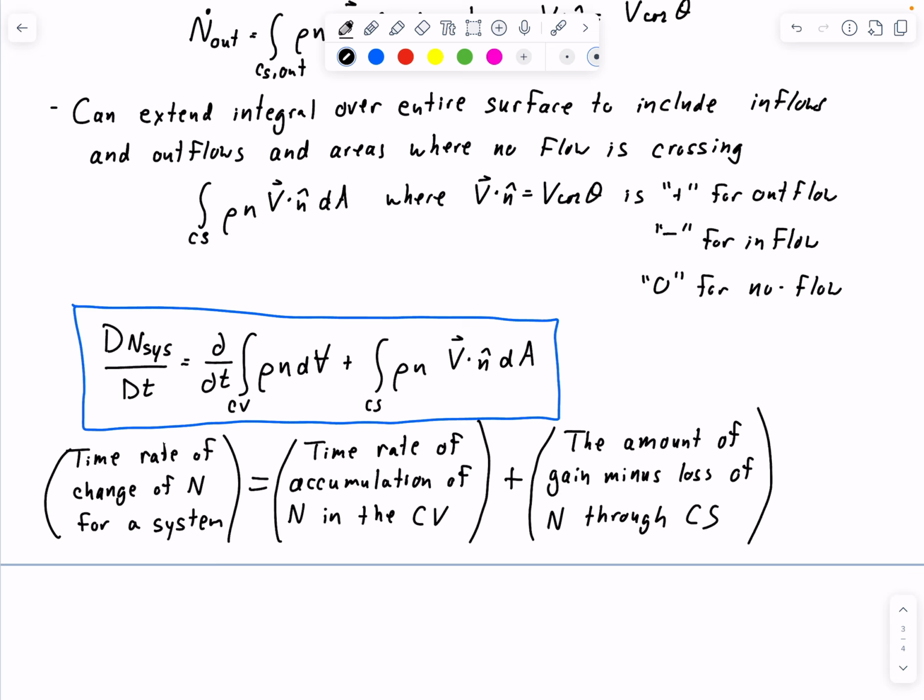So this is a statement of the Reynolds Transport Theorem that we have just derived.